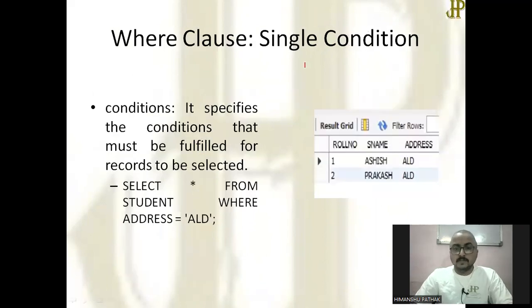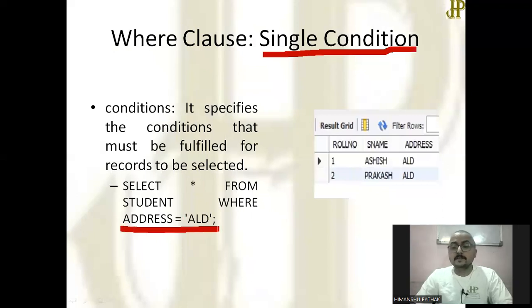So now single condition, very easy. I want all the records of students whose address is Allahabad. So I am giving a condition that I need only those records of students who belong to Allahabad.